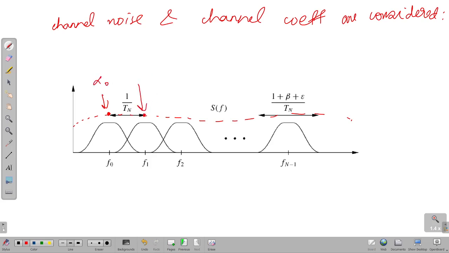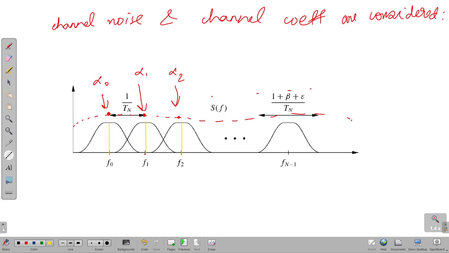The value of channel coefficient at f1 is alpha 1, at this point alpha 2, etc. So these are basically sampling points. When I sample at this point, you can see that I only have the effect of this particular subcarrier. All the other subcarriers are 0. And if I sample at this point, I will have the effect of only this subcarrier. All the other subcarriers are 0.